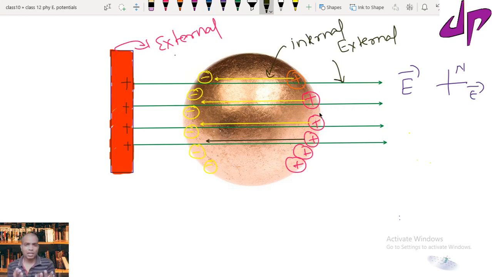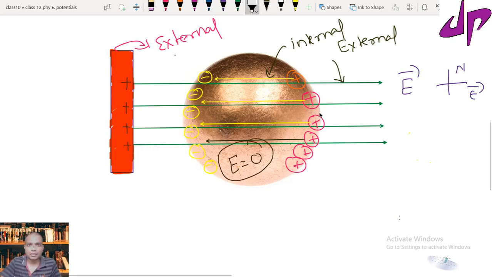Within the conductor, the external electric field and the internal electric field are equal and opposite. So what happens? The electric field within the conductor becomes 0. Here you can write the electric field E equal to 0 within this conductor.